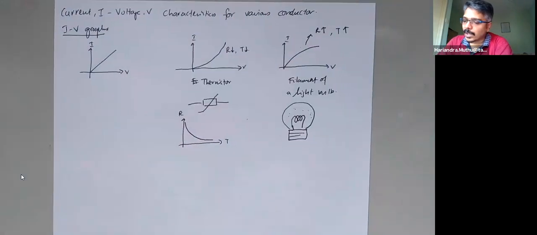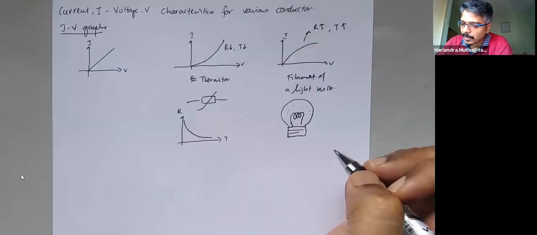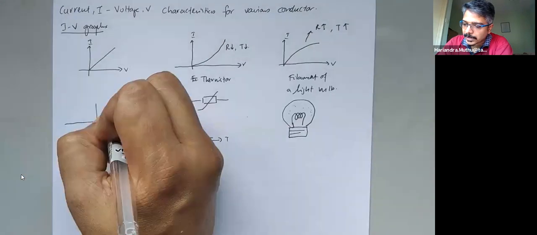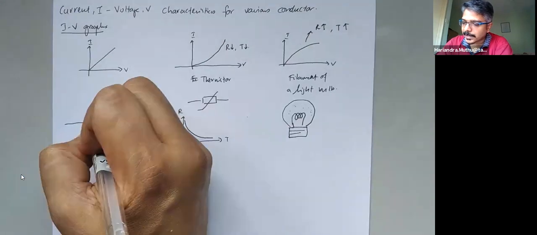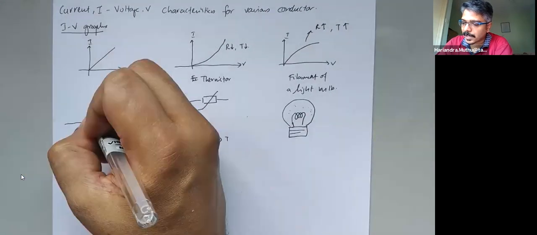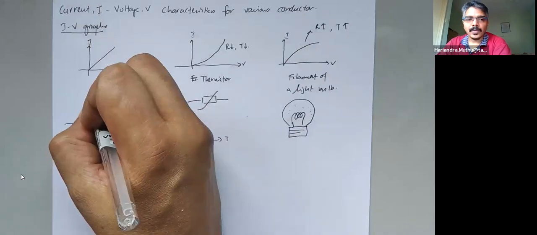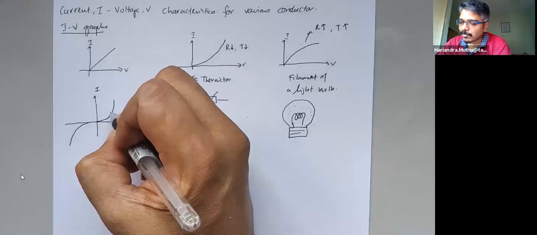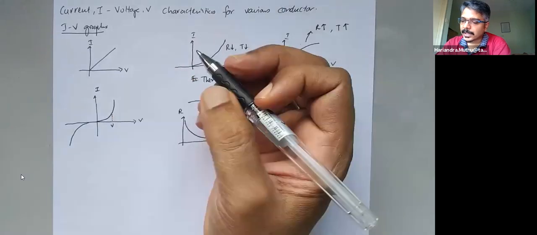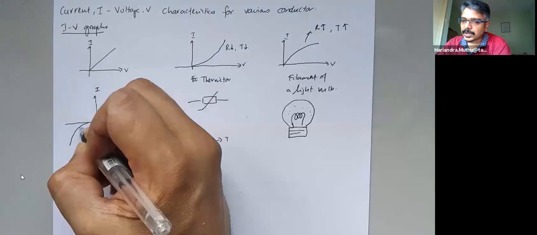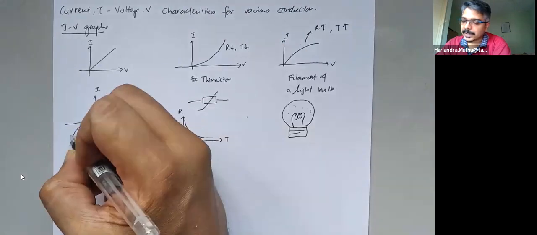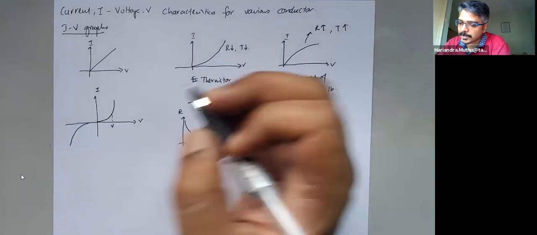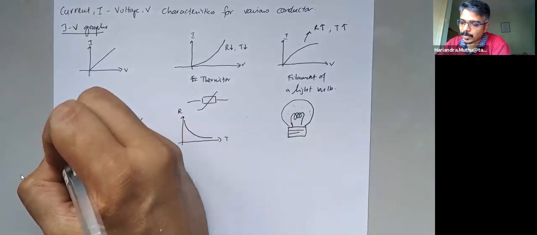Okay, the other one is the semiconductor. Okay, how does a semiconductor look like? So the semiconductor graph looks like this. This is the IV graph. Okay, so you have a sharp increase of current at a particular voltage, right? And there's a large, meaning that the resistance is almost infinite, or sometimes it can go even beyond that.